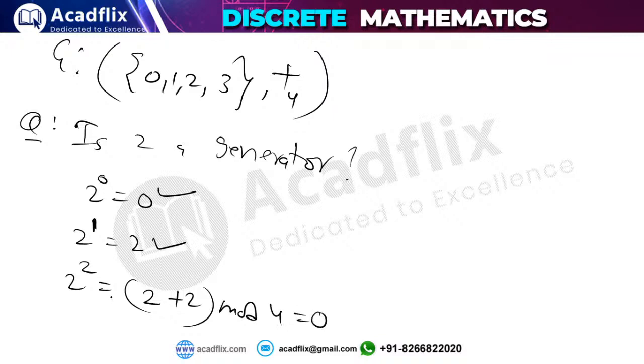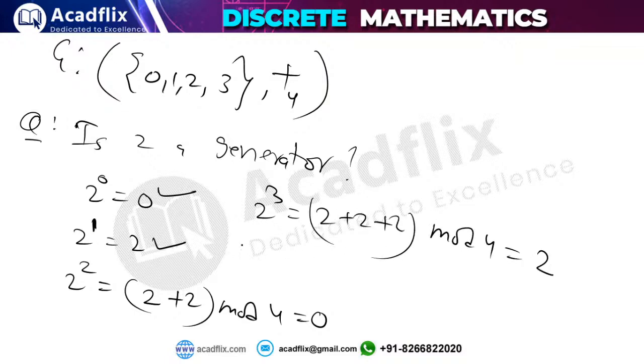What will be 2 power 3? That will be 2 plus 2 plus 2 mod 4, that is equal to 2. What will be 2 power minus 1? That will be equal to 2.